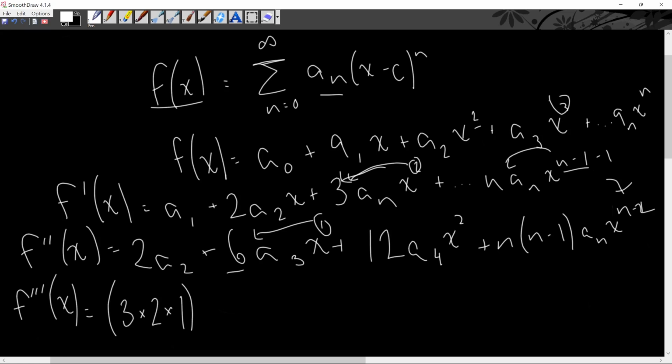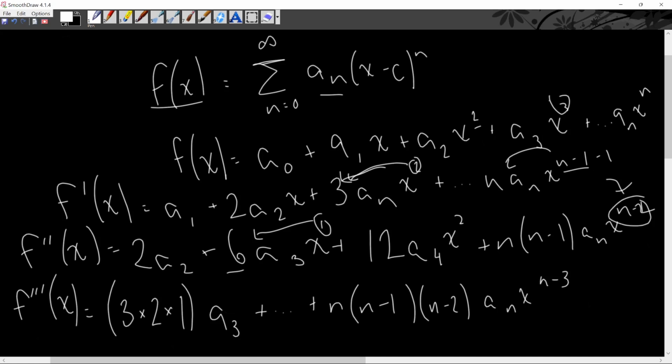You're doing a factorial. We're getting slightly ahead of ourselves. 3 times 2 times 1 times a sub 3, and then, continuing onwards, plus n times n minus 1 times n minus 2 times a sub n x to the n minus 3. Again, we're taking this, multiplying it out front, and then subtracting 1 to get n minus 3.